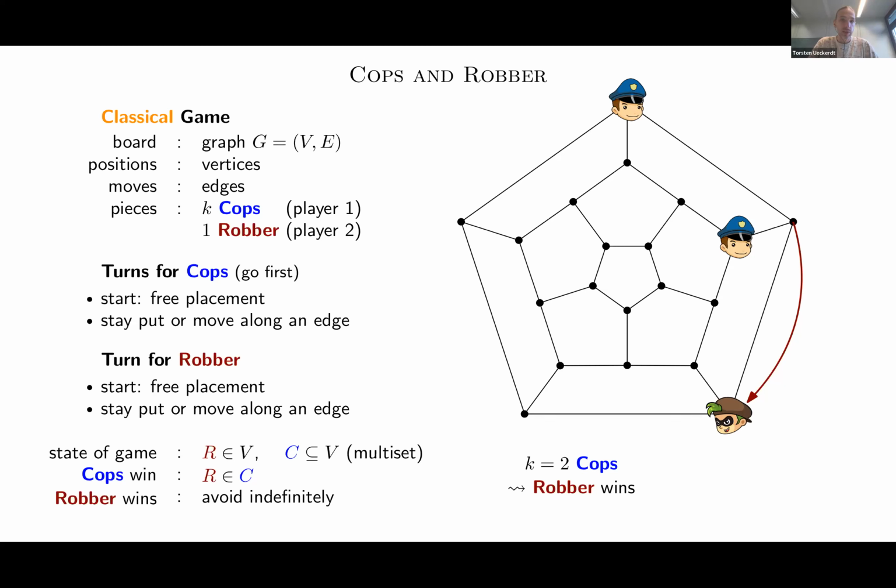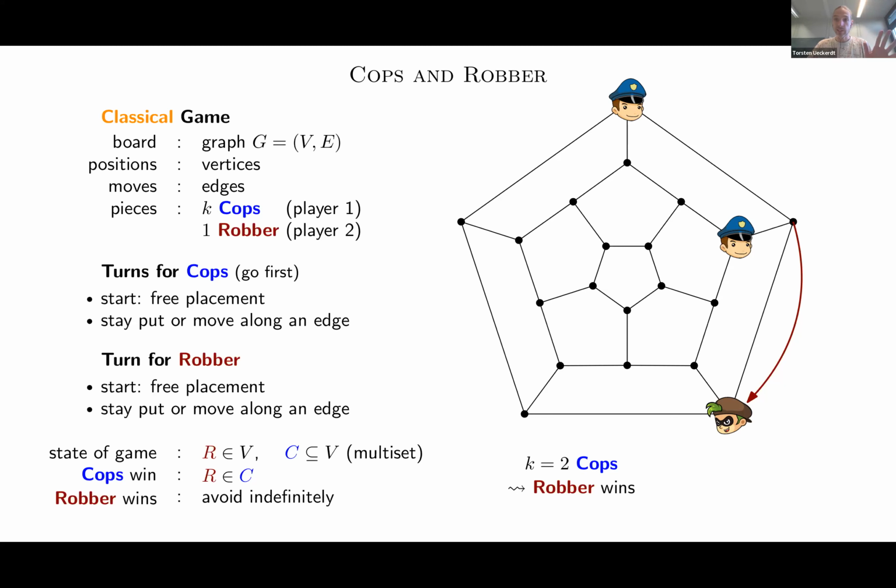We assume they have complete information, they have unlimited time if needed, so they can make arbitrarily complex computations, and we assume they don't make any mistakes. Of course, if the robber is dumb, he just runs into a cop and the cops win on this graph, but still the graph is a robber win graph because there is one strategy for the robber to avoid being captured no matter how clever the cops try to capture him. I did not show you the strategy, but it's actually not so difficult to see it for this.